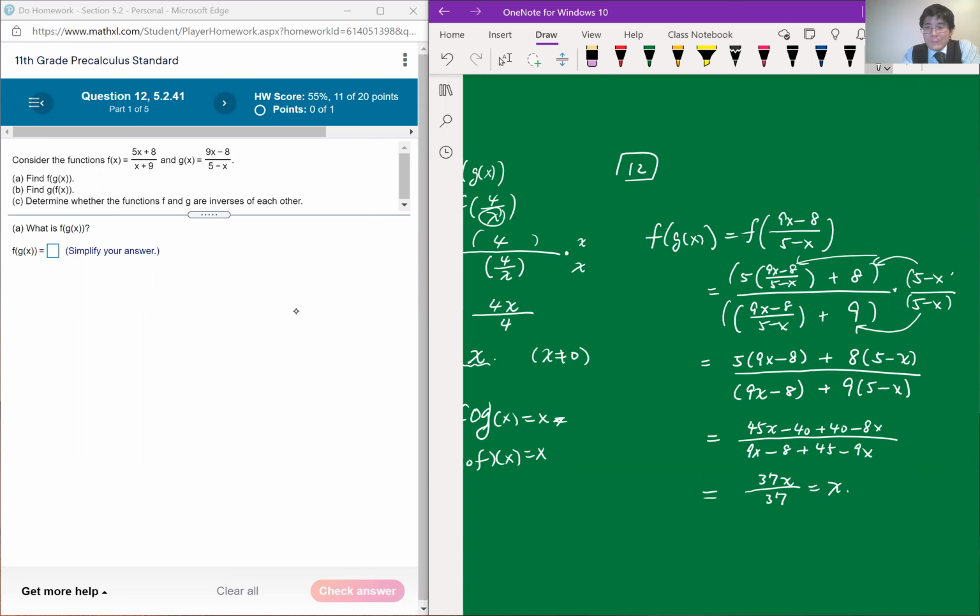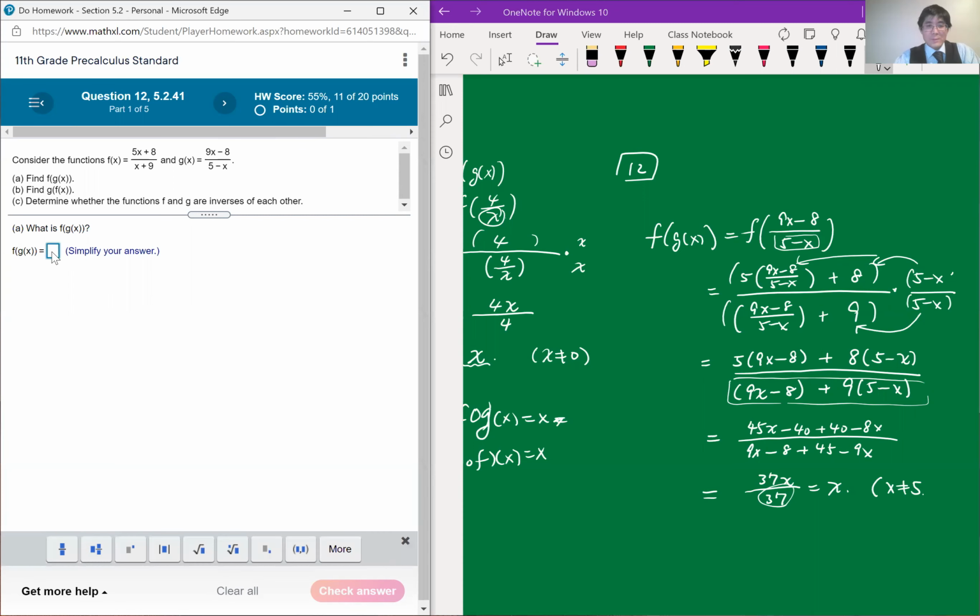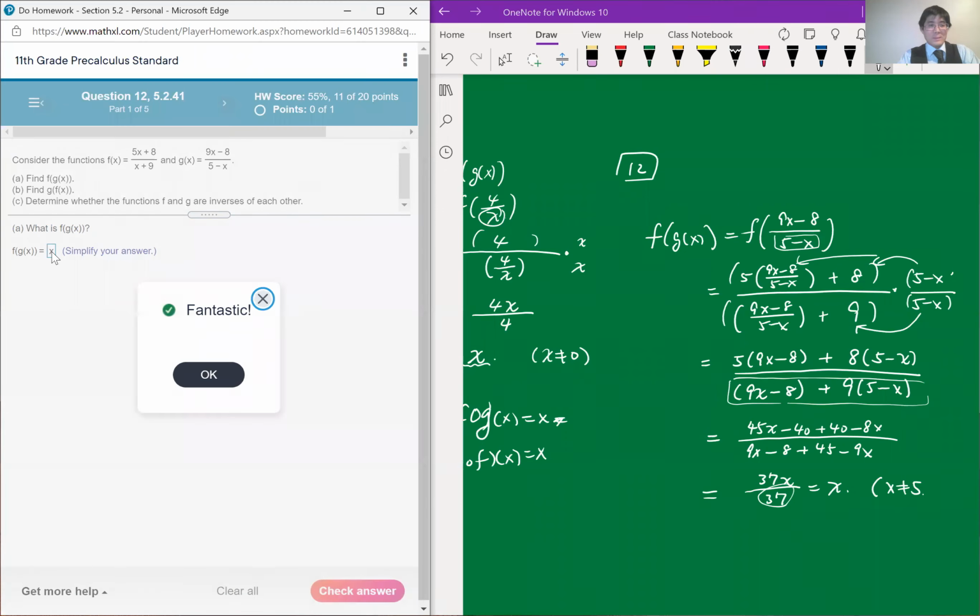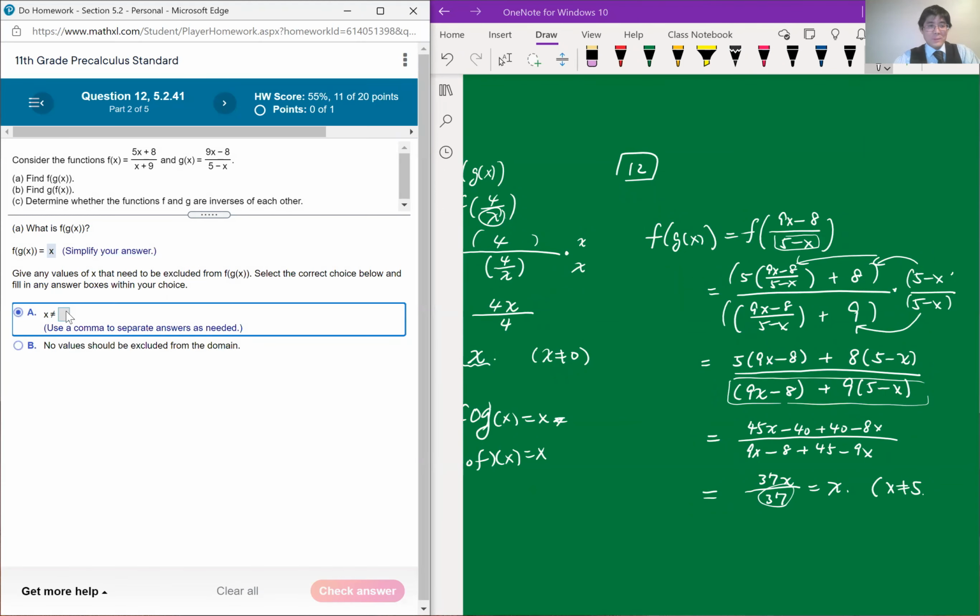Now, domain will be any number is okay, except that this is becoming 0. So x cannot be equal to 5. Also, this part shouldn't be equal to 0, but that will never become 0. So the only restriction will be x is not equal to 5. Okay, so the answer is input is equal to output, and this is everything except 5.